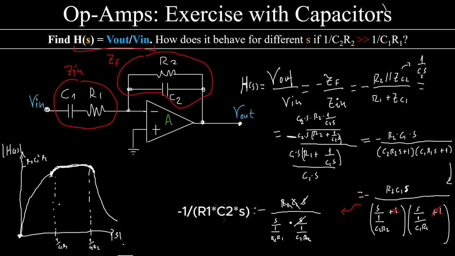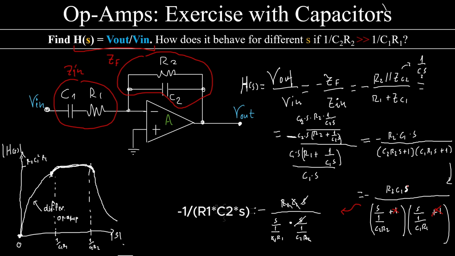And now we can make some observations. From this point, from 0 up until somewhere close to 1 over C1R1, this whole thing behaves like a differentiating amplifier. It performs the mathematical operation of differentiation from this point upwards, up until one point.